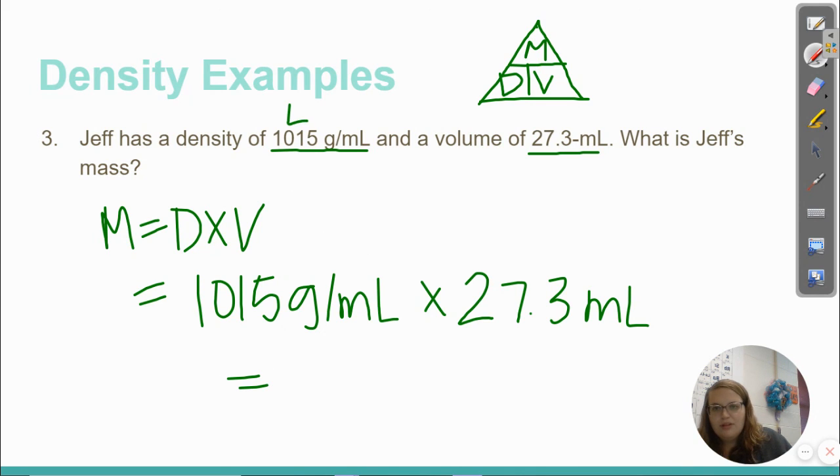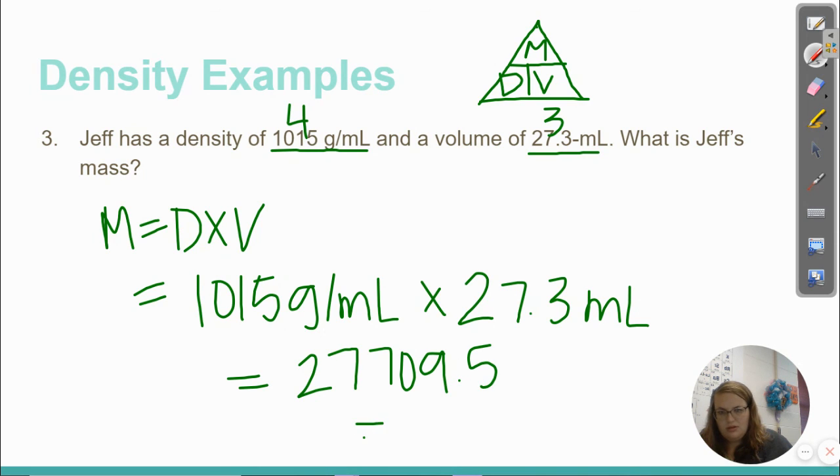I have 4 significant figures here, 3 here, so I want 3 significant figures in my answer. So my unrounded number is this. So in 3 significant figures, it's going to be 27,700 grams.